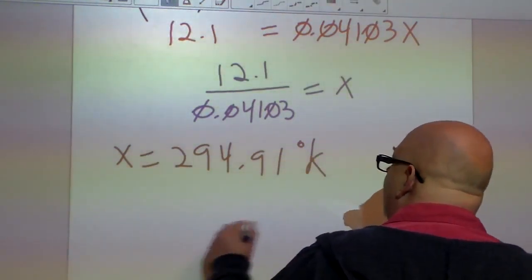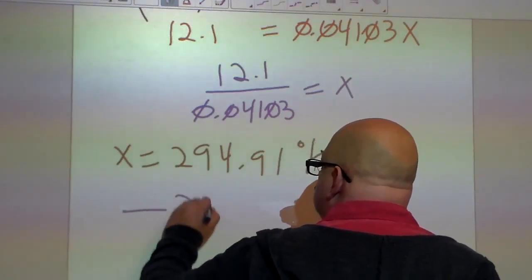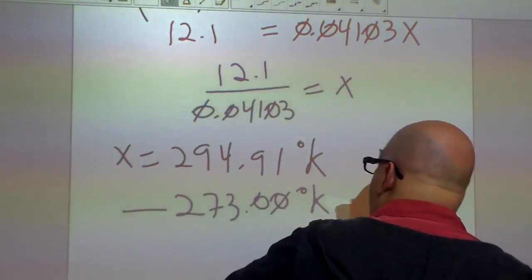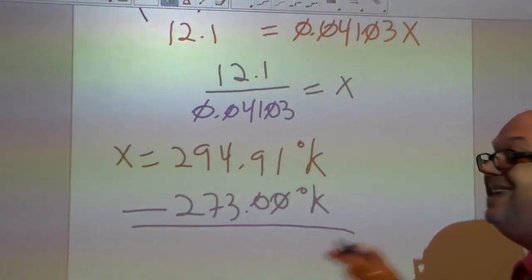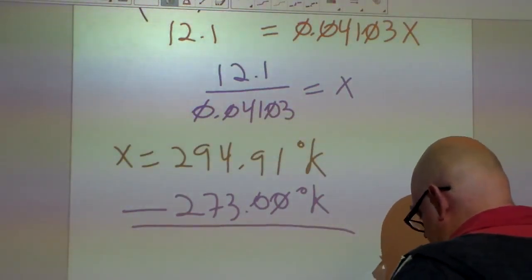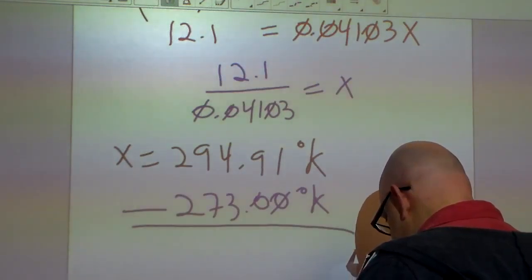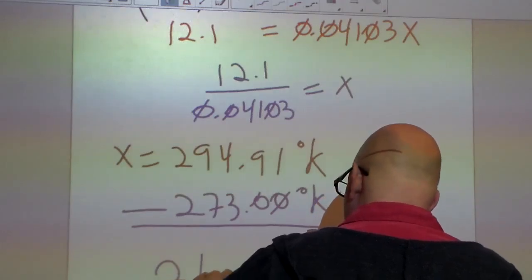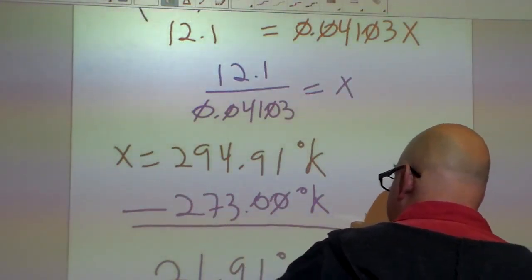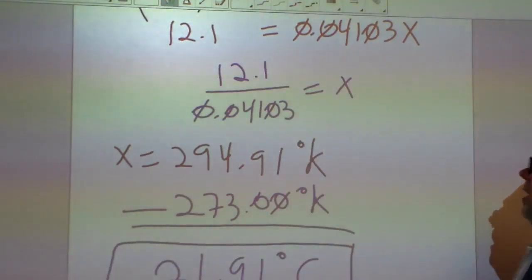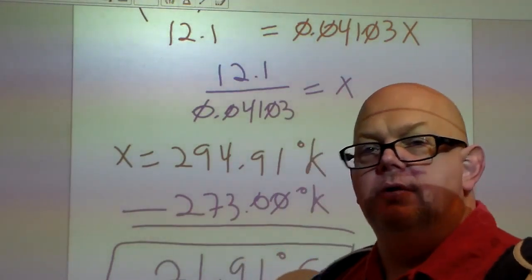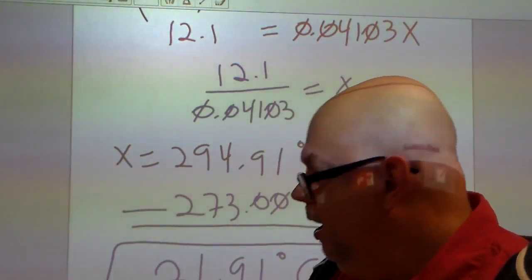So 294.91, we're going to subtract 273 Kelvin, and that, ladies and gentlemen, is going to give us our Celsius. So what am I going to get at the end? At the end, I'm going to get 21.91 degrees Celsius. This, ladies and gentlemen, is our final answer for this. Okay, and it's about room temperature for those of you who are wondering.